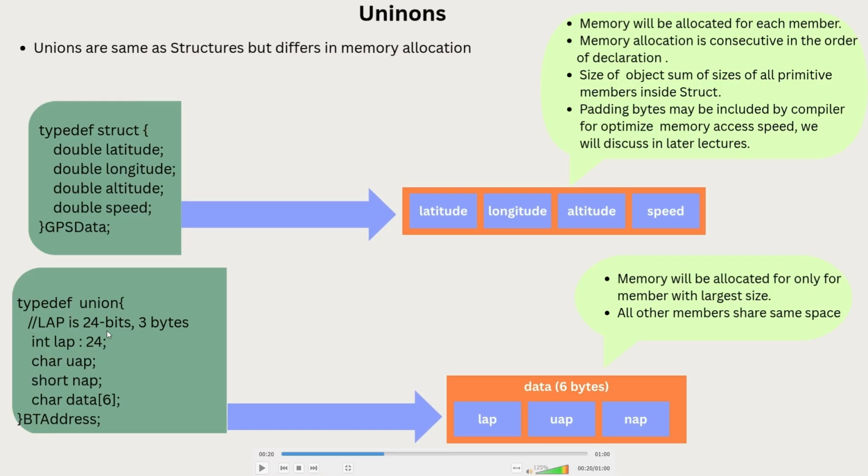So instead of allocating for all the members, it will allocate the memory only for one member, that is the largest size. Here the largest size member is data, which is an array of characters, which is 6 bytes. So 6 bytes of memory will be allocated and shared by all the members.